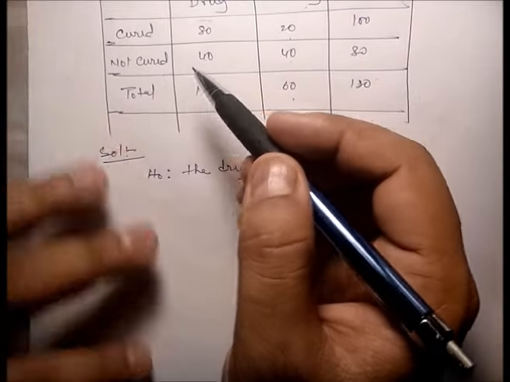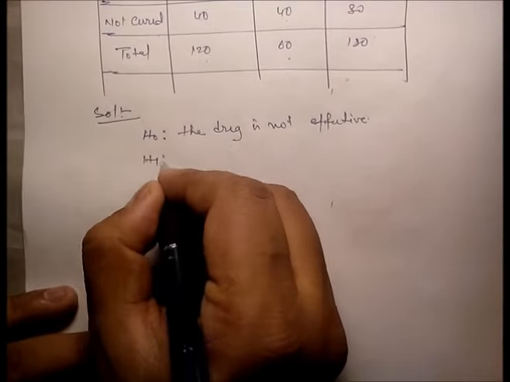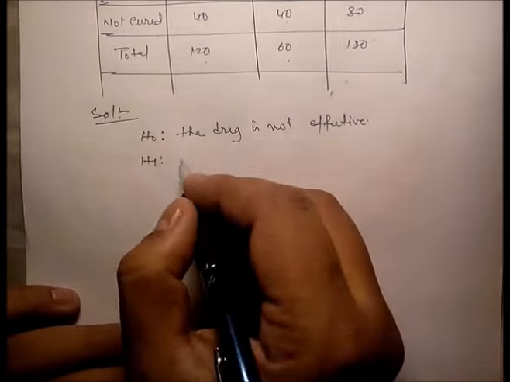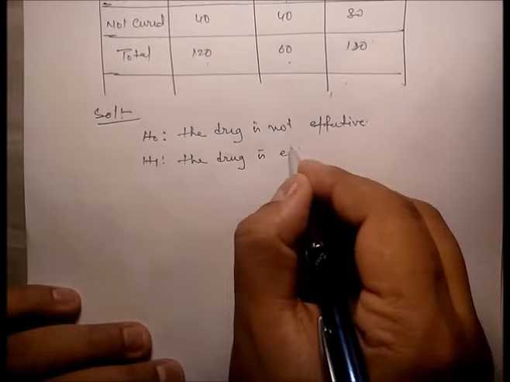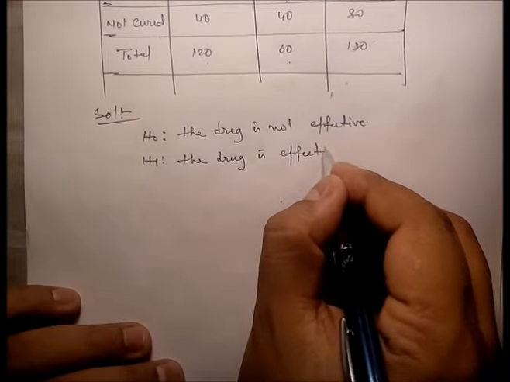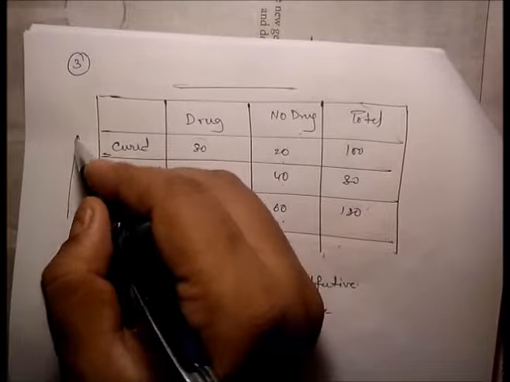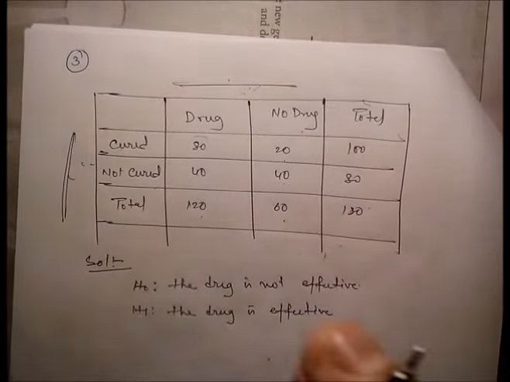H1, the alternative hypothesis, is that a relationship exists between the two categorical variables, that is, the drug is effective. If drug and cured or not cured are related, that means the drug is effective.